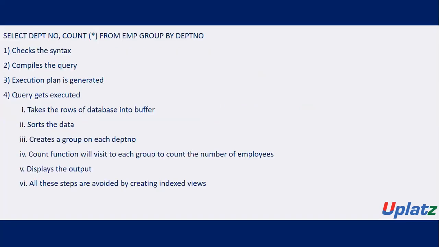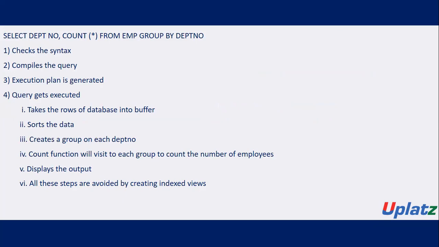For example, if you are executing the query: select department number, count star from employee group by department number. Count is an aggregate function. Count star counts all the records present in the table and returns the number of records present in the table.